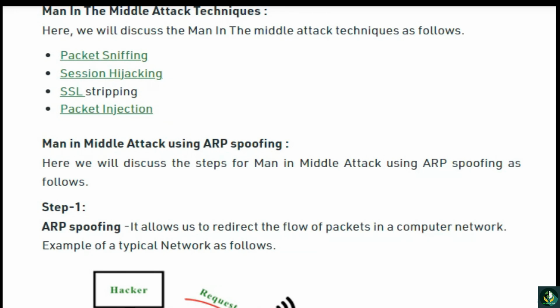Step 1, ARP spoofing. It allows us to redirect the flow of packets in a computer network. The goal of an attack is to steal personal information such as login credentials, account details, and credit card numbers.